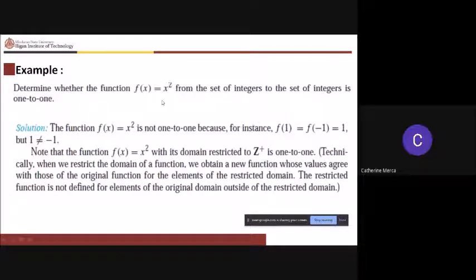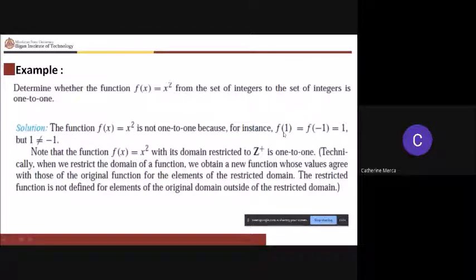When x is 1, f of x is 1. When x is negative 1, f of x is also equal to 1. Notice na, si 1 o si negative 1, pareho ang image, 1. Pero ang 1 is not equal to negative 1. Correct?